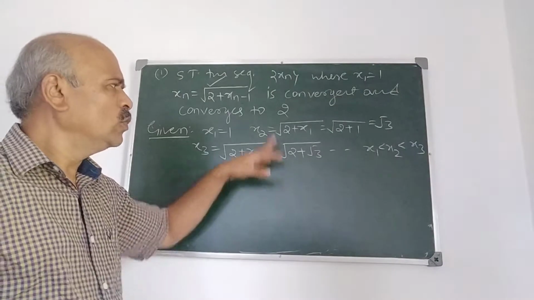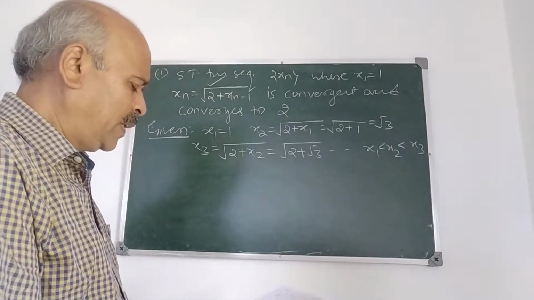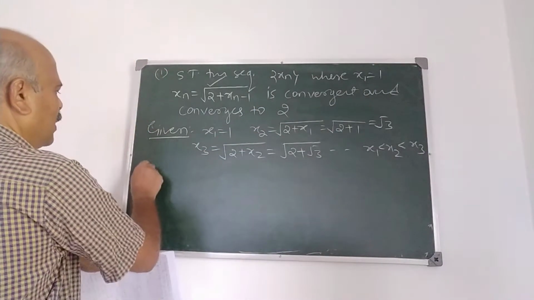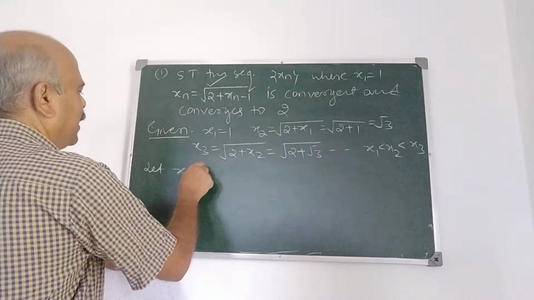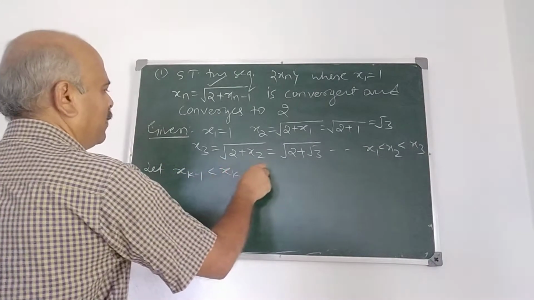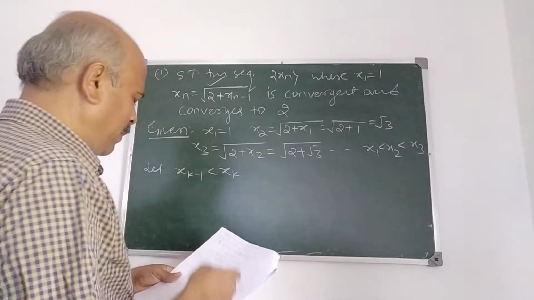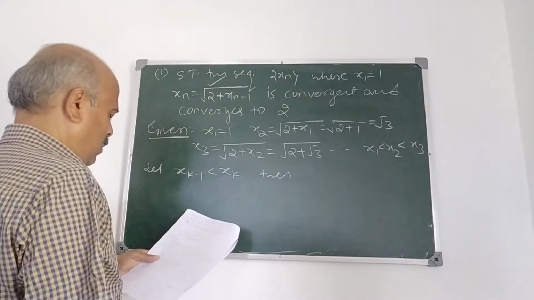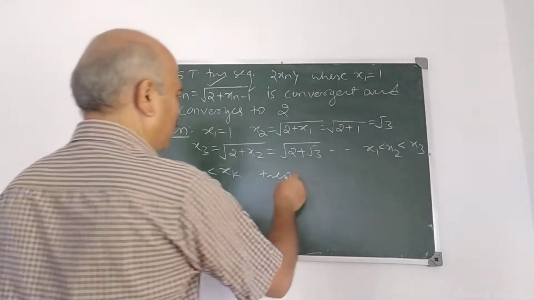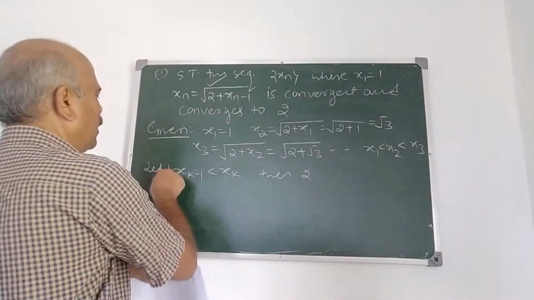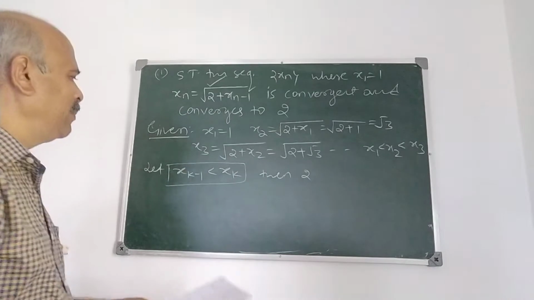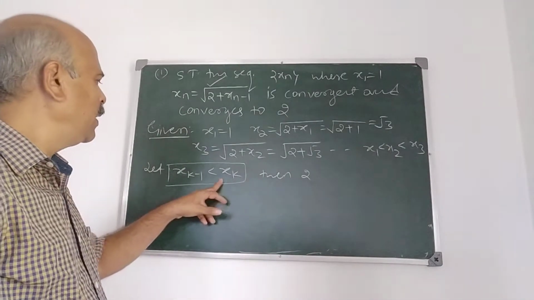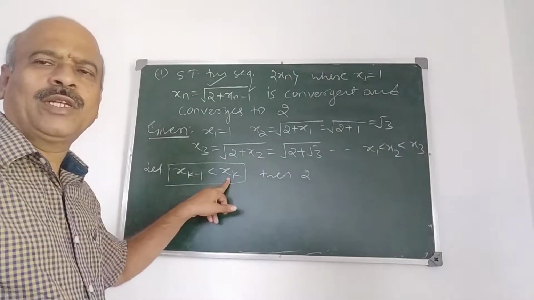So we use mathematical induction here, and we assume that xk minus 1 is less than xk for some fixed integer k. We assume that and prove that xk is less than xk plus 1.